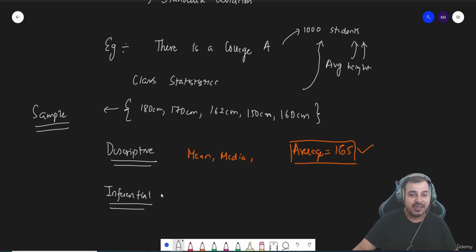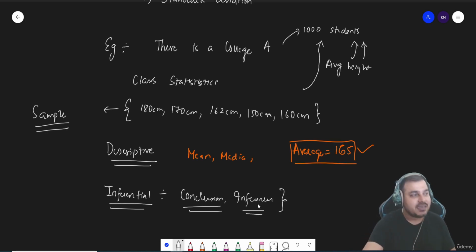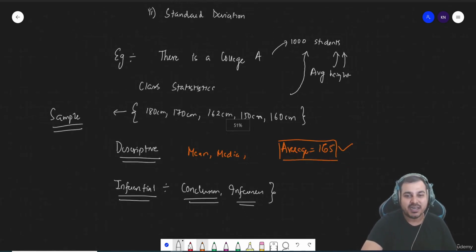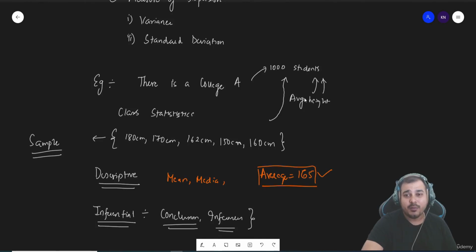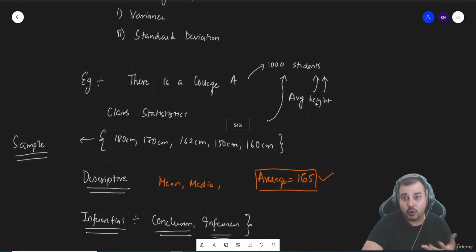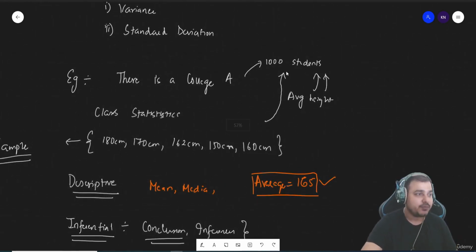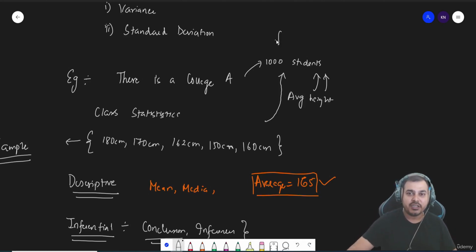That is what we do in inferential statistics. We bring up some conclusions or inferences. This is very, very important. So this is the basic understanding with respect to descriptive and inferential statistics. There are a lot of different kinds of experiments we perform. If I really want to find out whether we can conclude the average height of these 1000 students, we have to perform various experiments. And these 1000 students are my population data.